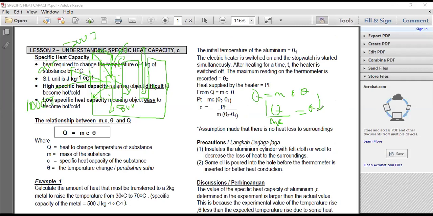So theta will be lesser, and because of that, the value of C will be higher. Only some amount of heat is given, the other is lost to surrounding. So that's why we need to insulate, that means we need to wrap with cloth to reduce heat loss to surrounding.